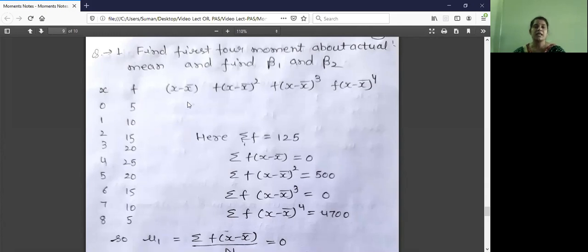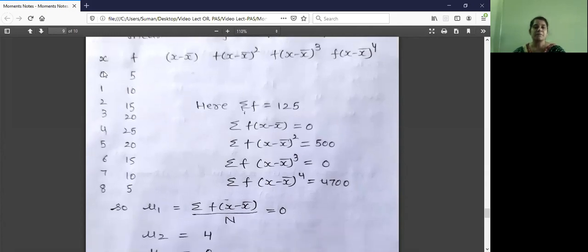We are given x values 0, 1, 2, 3, 4, 5, 6, 7, 8. The total number of terms is 9. The frequencies are 5, 10, 15, 20, 25, 20, 15, 10 and 5. So according to the actual mean, we find the first four moments.